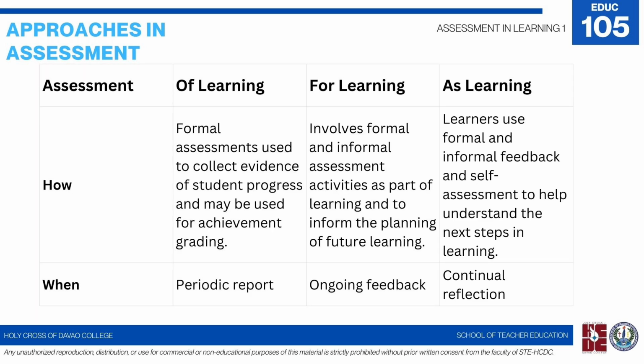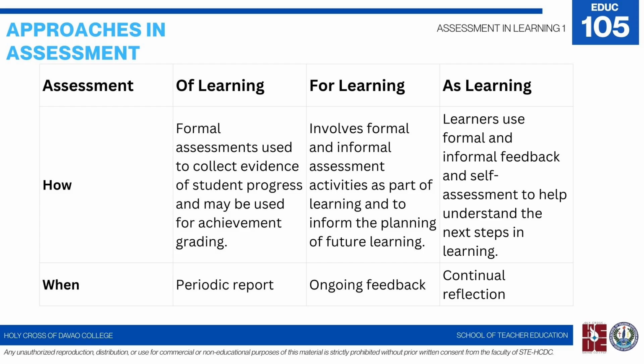Additional differentiation of these is when it is conducted: through periodic reports, ongoing feedback, and continual reflection. For how, it can be through formal assessments for assessment of learning. For assessment for learning, it involves formal and informal assessment.